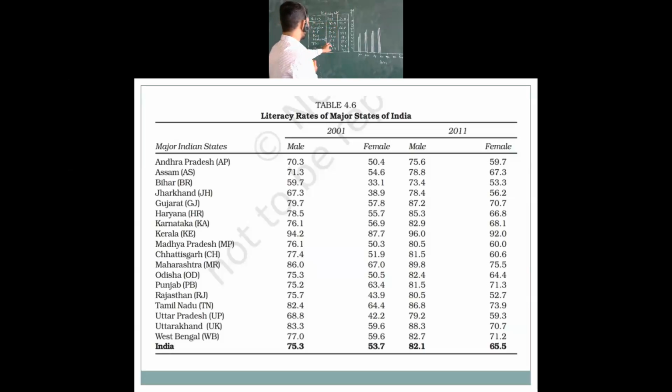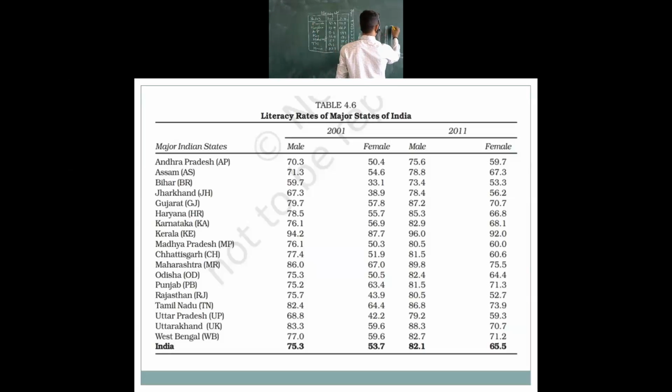Then next one is Maharashtra, 67. 67 means somewhere here. Then 75 means somewhere here. Then next one, Tamil Nadu, 65. 65 means somewhere here. Then next 75, same as Maharashtra, and this 73.